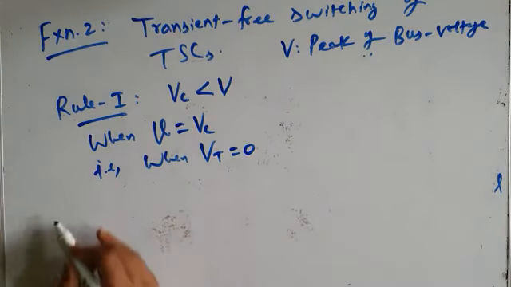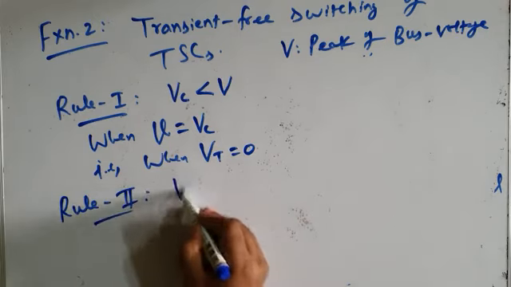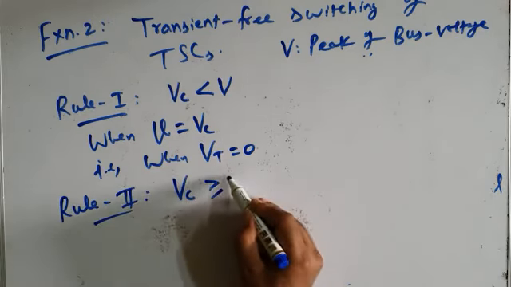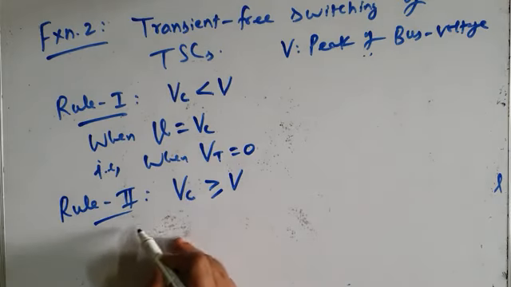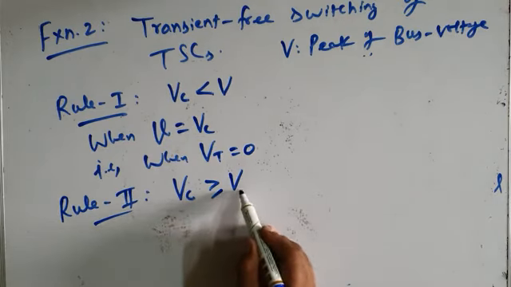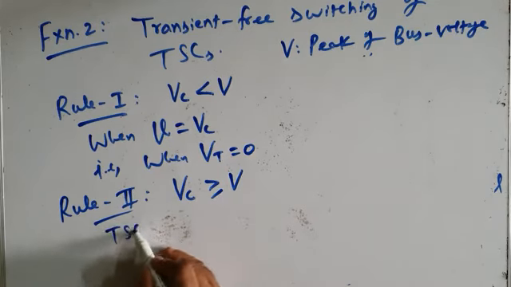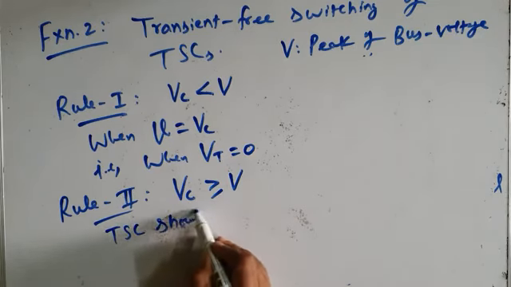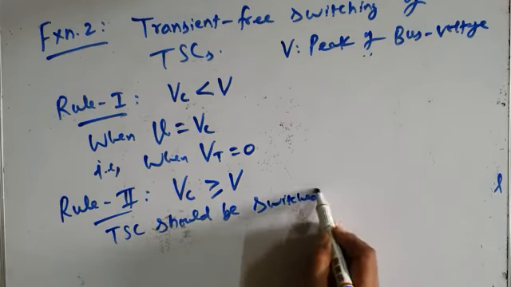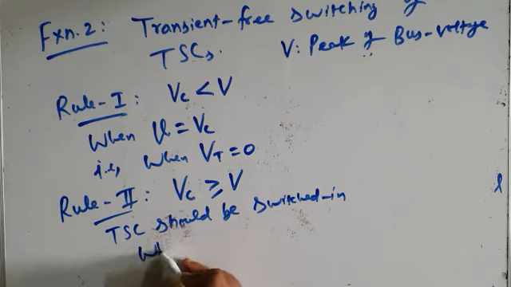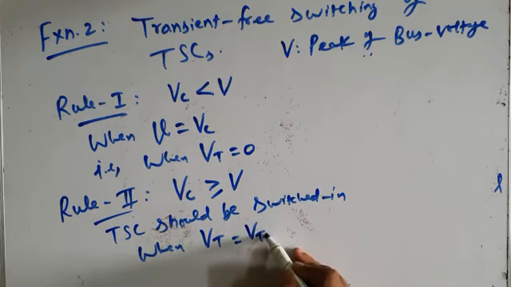Second rule is rule 2. The capacitor voltage may be greater than or equal to the peak of the applied voltage. When the capacitor voltage is greater than or equal to the peak voltage, TSC should be switched in when VT, the voltage across the switch, is equal to VT min.